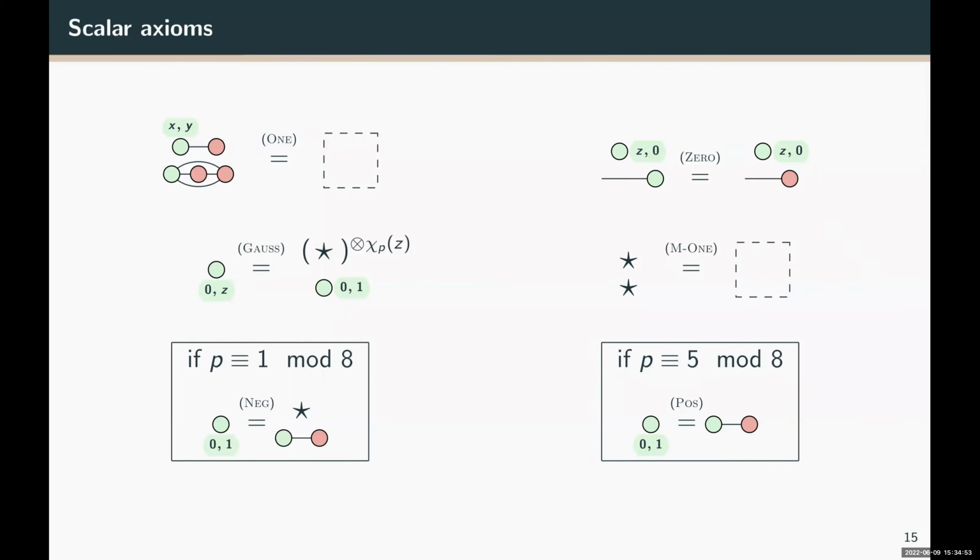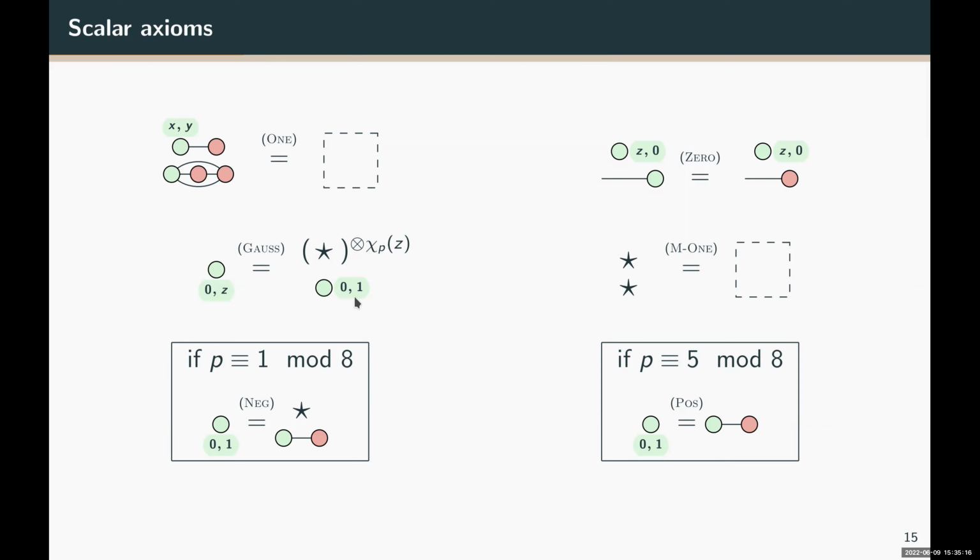I think they were one of the motivators for very early number theory, with Euler trying to calculate the value of these things. And it turns out that their value depends in a not particularly clear way on the prime p that gives us the dimension of the Hilbert space.